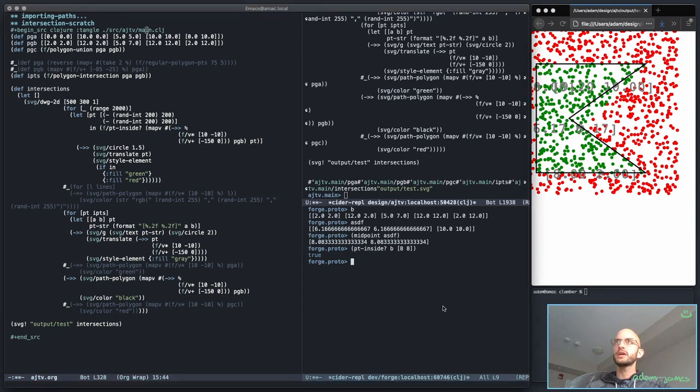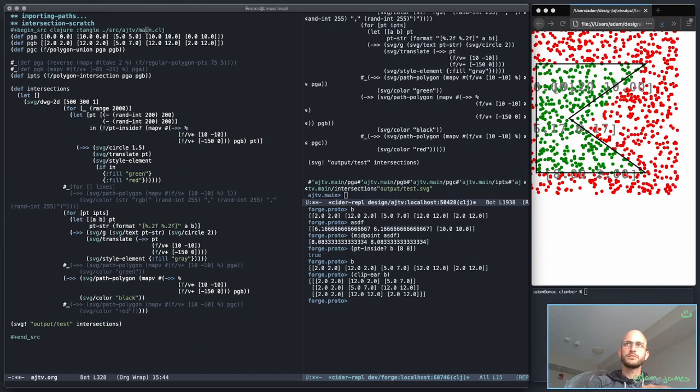Alright, if I have a look, so that is polygon B, I believe. Okay, if I clip ear, I think there might be an ear clipping algorithm problem here.